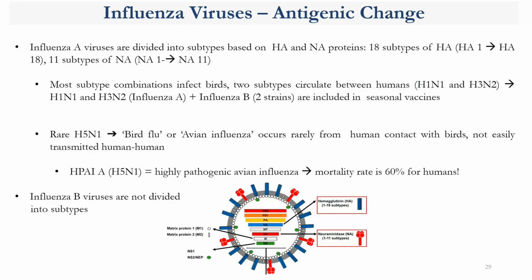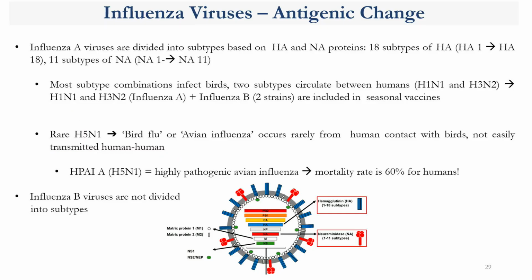There's a very rare strain, which is H5N1, and this is bird flu, or the avian influenza, that rarely happens in humans, and it transfers from birds. It's not easily transmitted from human to human, but it can go from birds to humans.